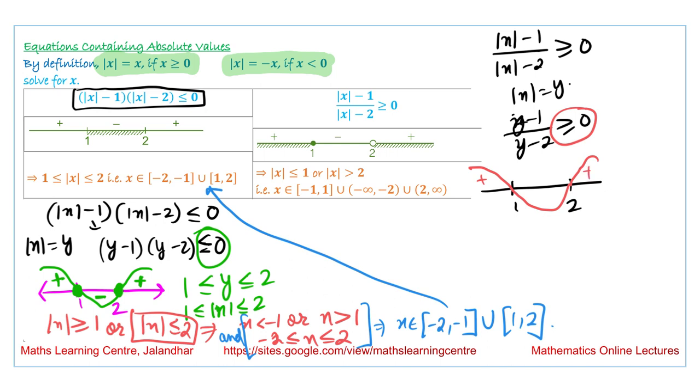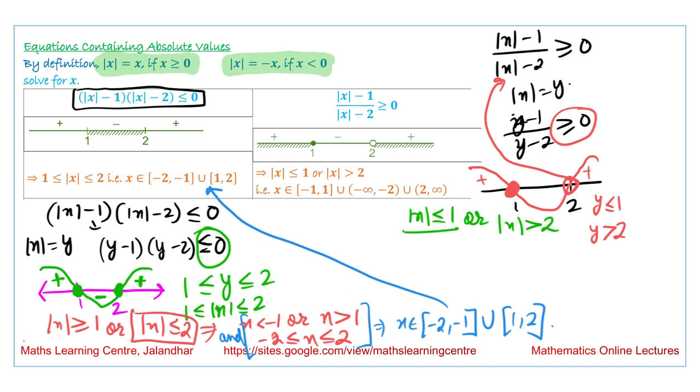So, it is positive for y less than or equal to 1 and y greater than 2, because this point is not included, it is in the denominator, and this point is included. So, we obtain that mod of x is less than or equal to 1 or mod of x is greater than 2.